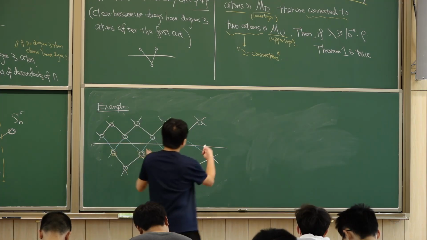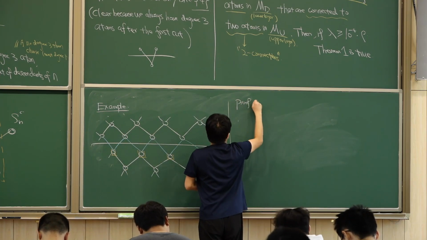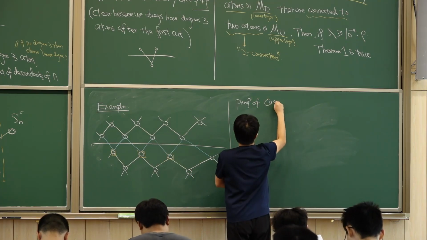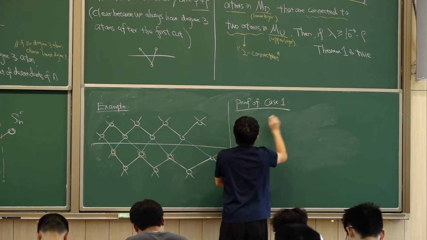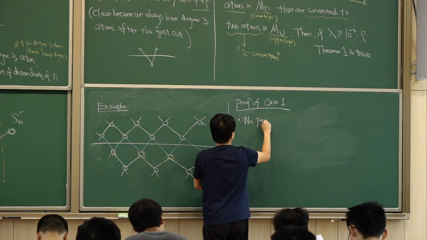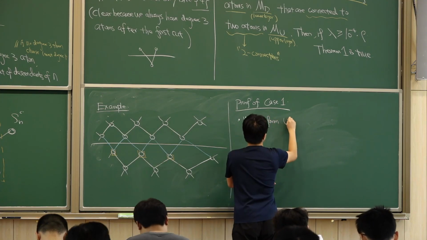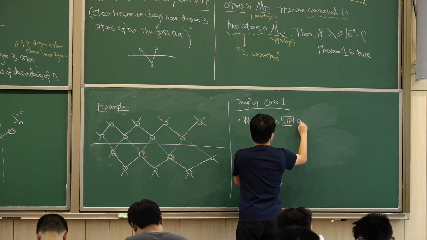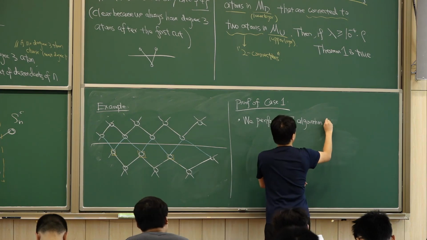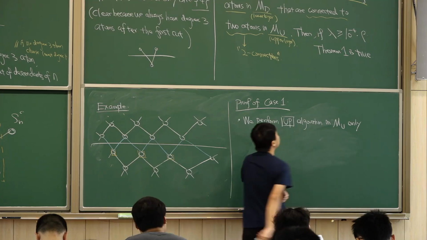Okay, so in this case what do we do? So proof of case 1. I'll keep the picture here because we'll do operations on it. It is very simple. We perform an ARC algorithm in M_U only.